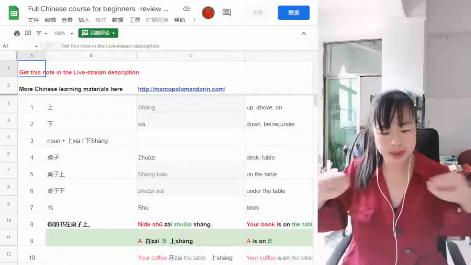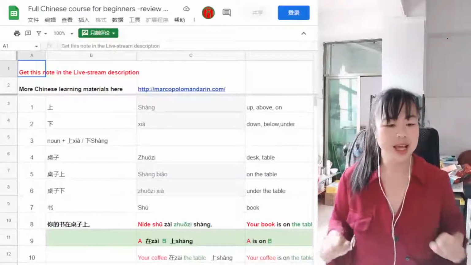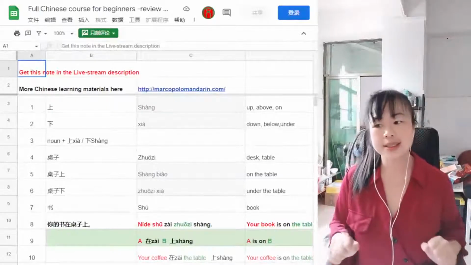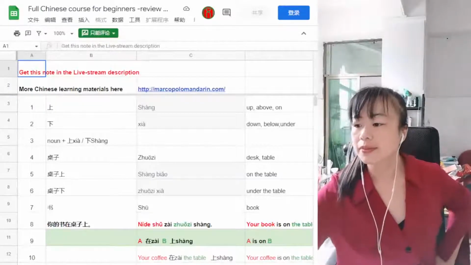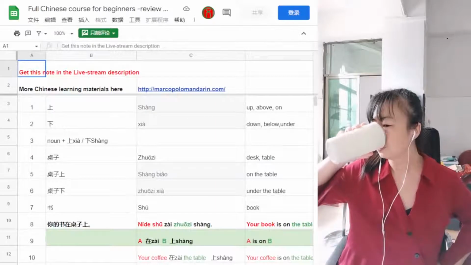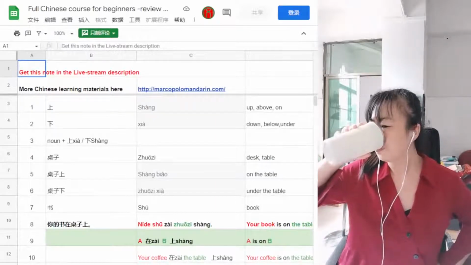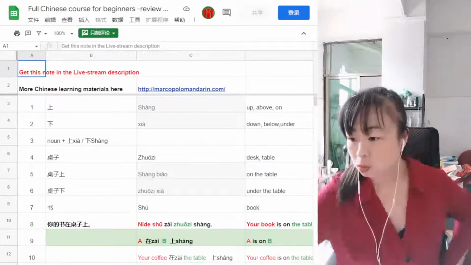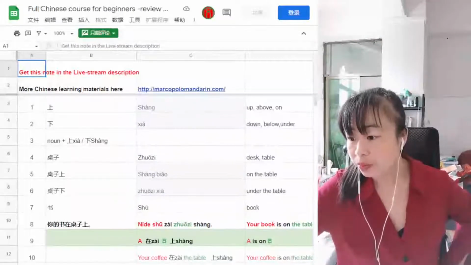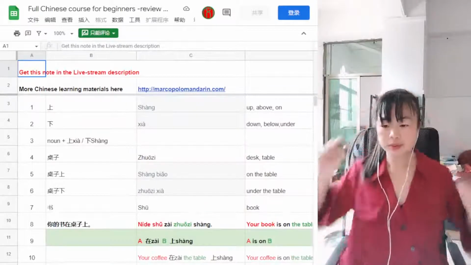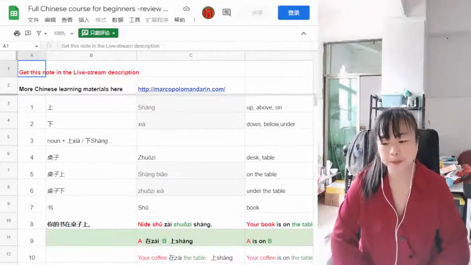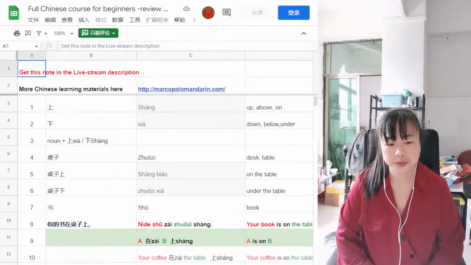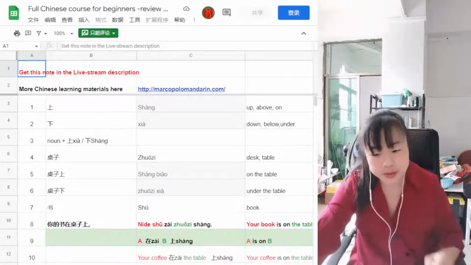Take 10 to 20 seconds to practice it. Okay, so the first one.